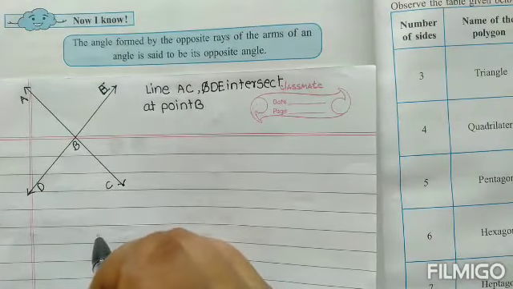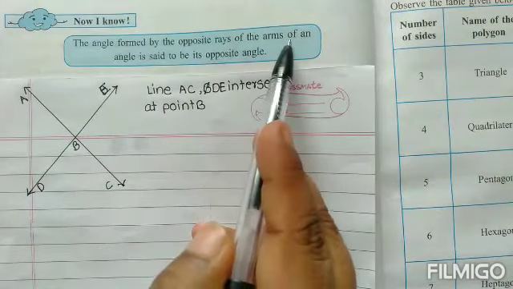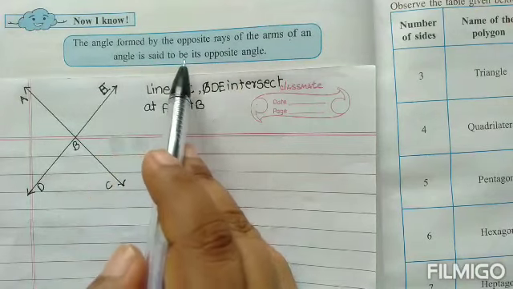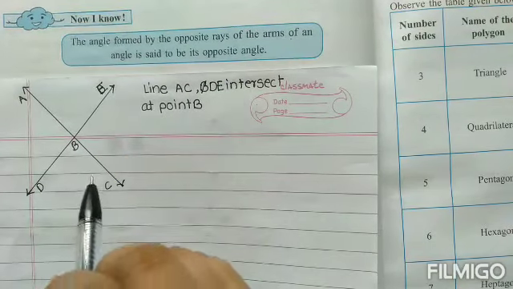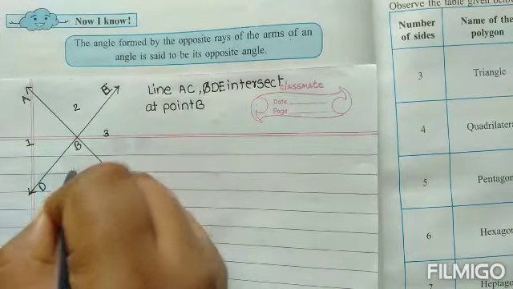Just now we have learned the opposite angles. The angle formed by the opposite rays of the arms of an angle is said to be its opposite angle. So 1, 2, 3, 4.